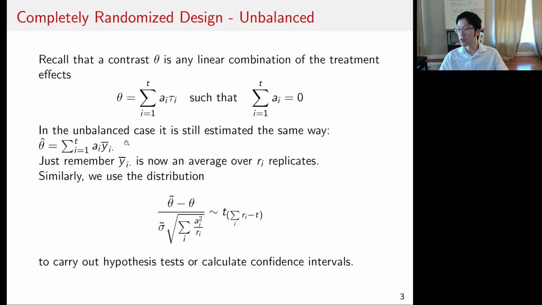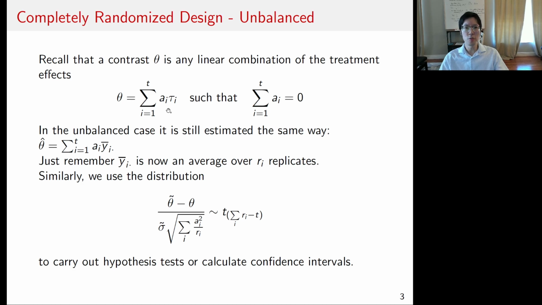Okay, there's a question that asks why do we require summation a_i equals 0? So that's by definition of a contrast. So if there is nothing going on in the taus, that's going to sum to 0.